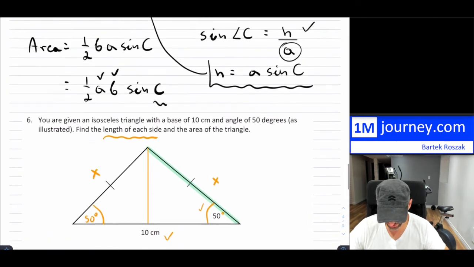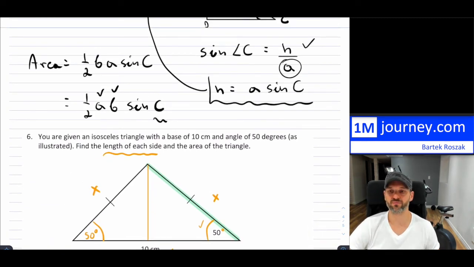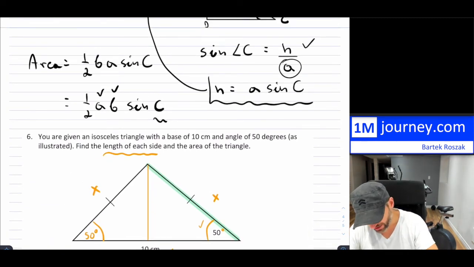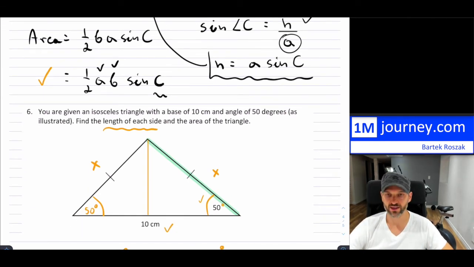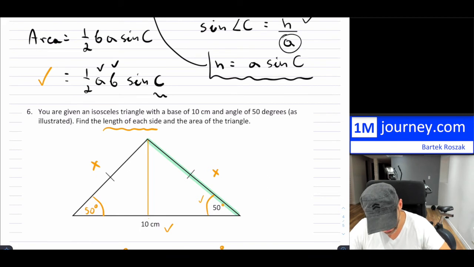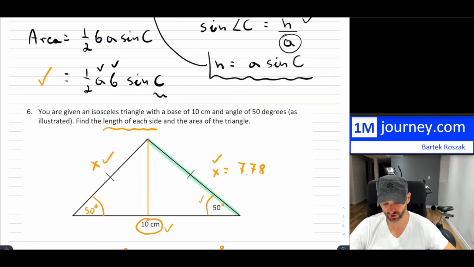And I can actually go back in here. So notice that area, those are my A times B. So my base is 10 centimeters. Now, this A, I know this is 7.78. They're identical, so it doesn't matter which one you choose, because those are going to be the same triangles.